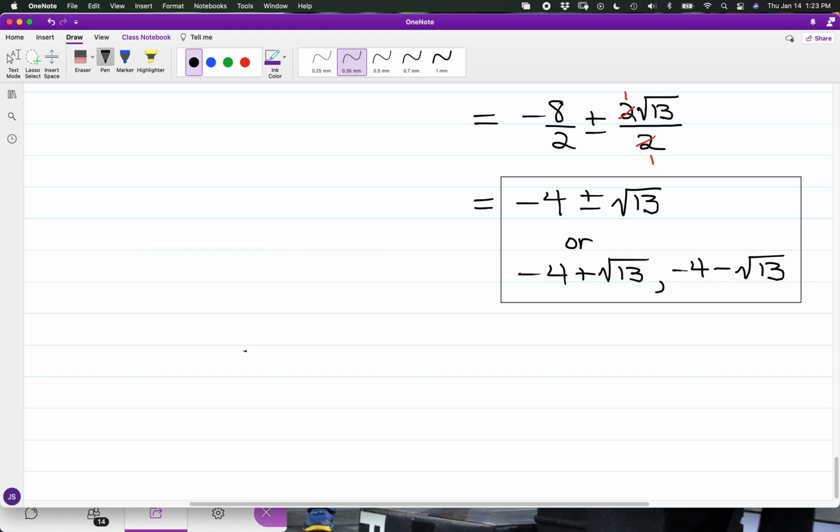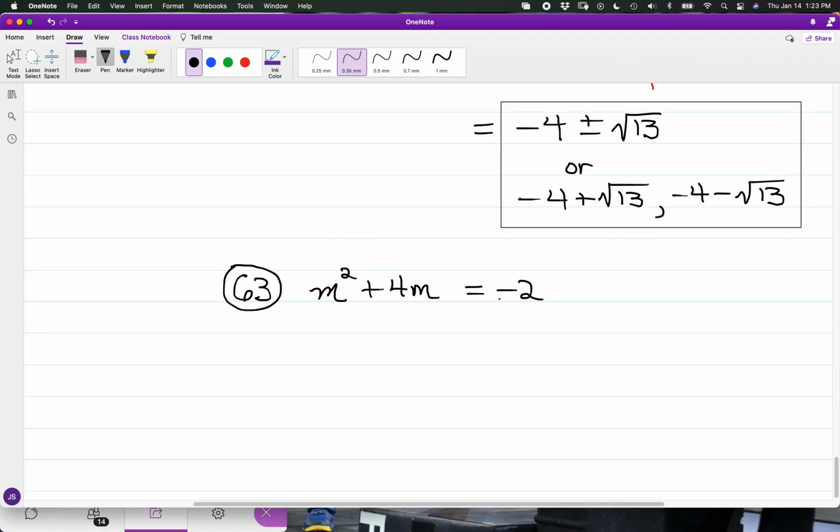At least, I don't think it is. In the case of 63, we now have the letter m. So we have m squared plus 4m is equal to negative 2. I'm going from the letter n to the letter m.